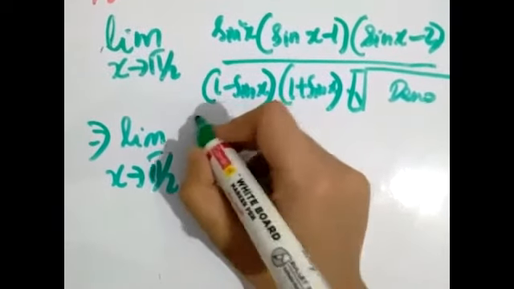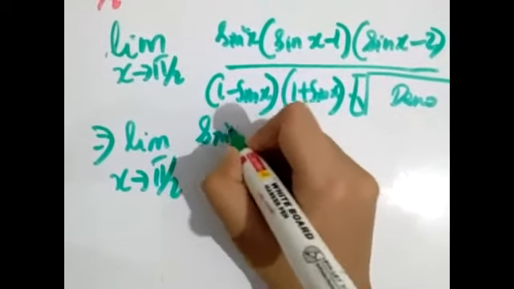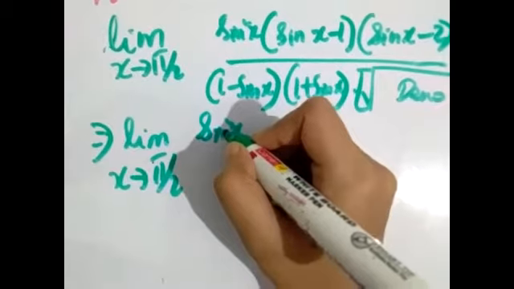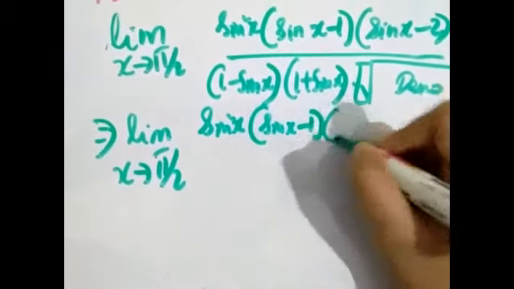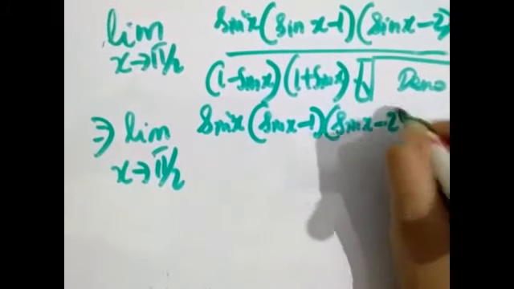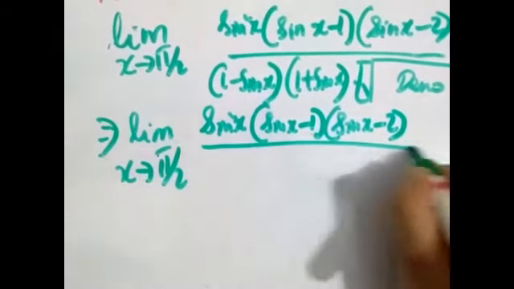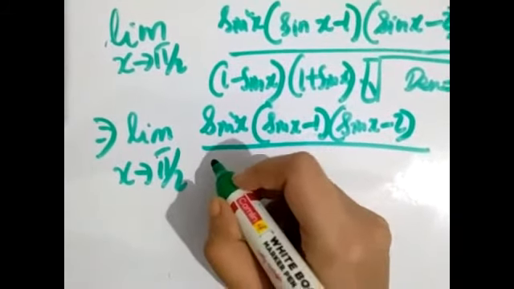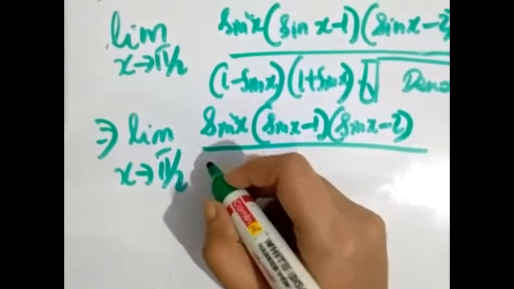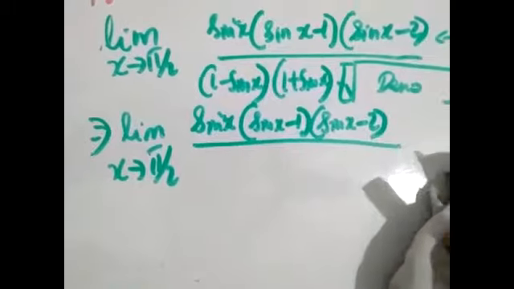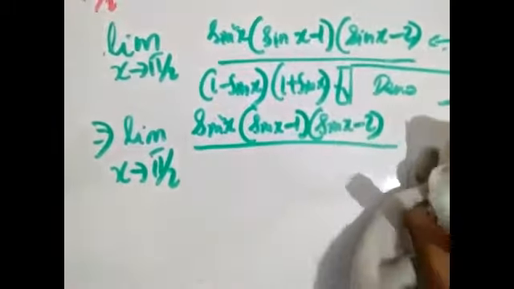So now I have sine square x, sine x minus 1, sine x minus 2 divided by 1 minus sine square x. Yeah, that's the previous step.